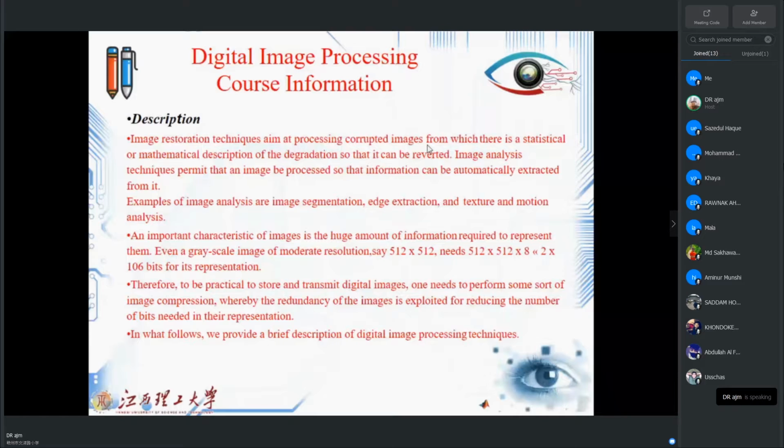And image analysis techniques permit an image to be processed so that the information in it can be automatically extracted. Examples of image analysis are image segmentation, edge extraction, texture, and motion analysis, which are some of the main works that you can have.